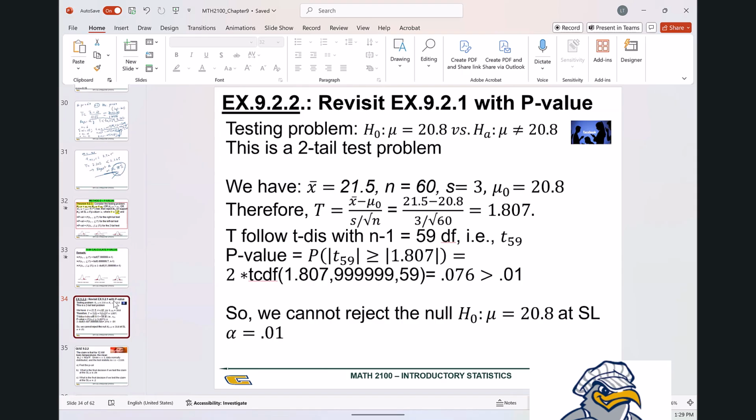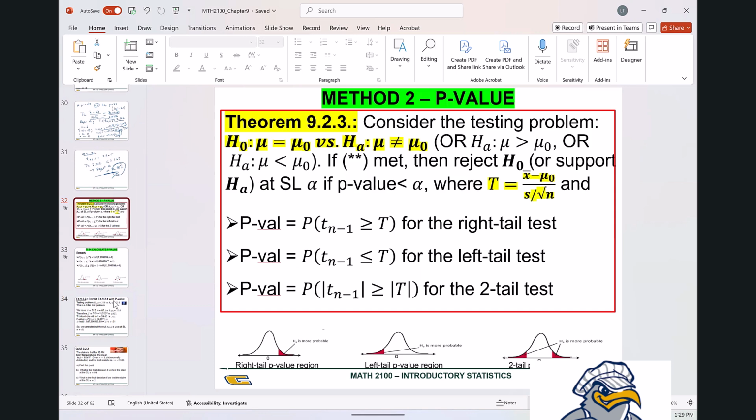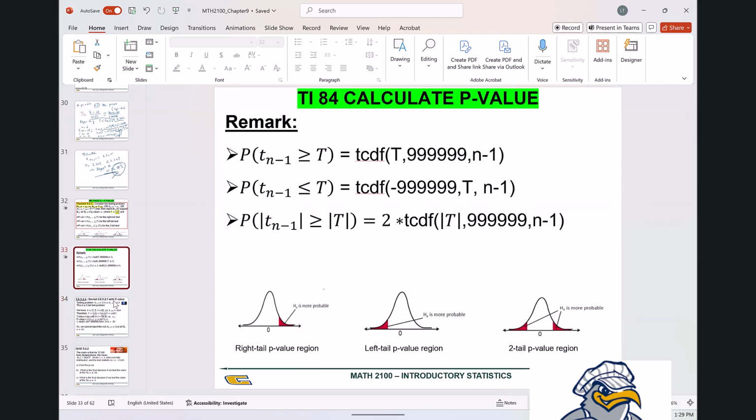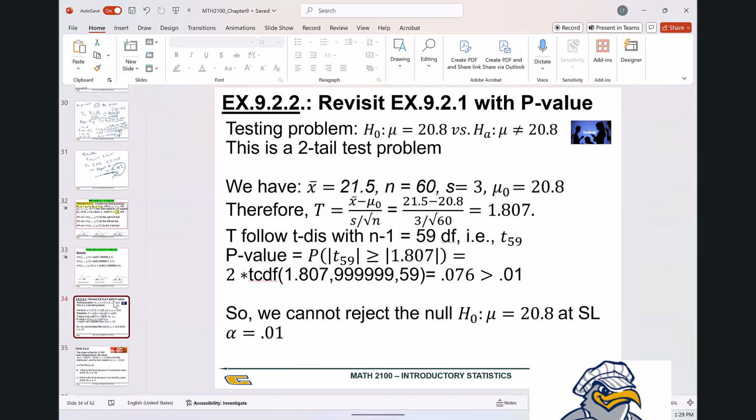Because this is a two-tailed test problem, this is your p-value: P of T n-1 greater than or equal to 1.07. Again, we have this translation, which is 2 times TCDF of the absolute value to a big number, n-1 here. So it will be 2 times TCDF of 1.07, 99999, 59, and then you plug it into your calculator with TCDF, and you should get about 0.076.